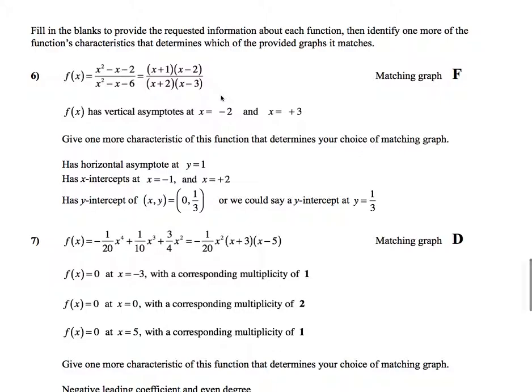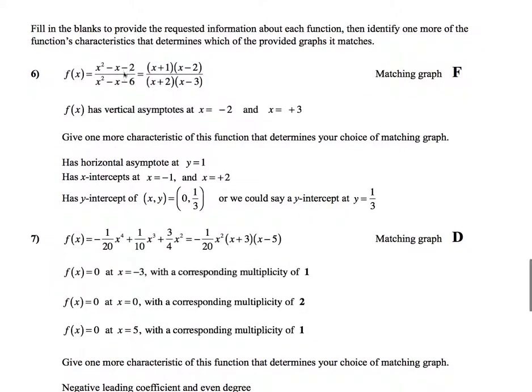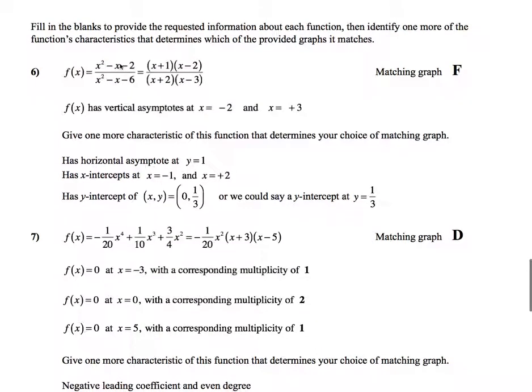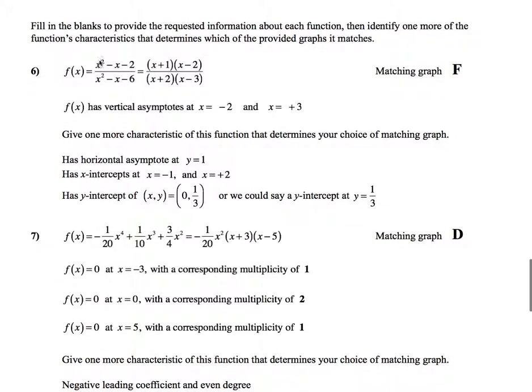Finally, we can find the y-intercept because the y-intercept is going to occur where x is 0. Well, when x is 0, these terms, x squared minus x, those vanish, those are gone. So this is 0 and this is 0.